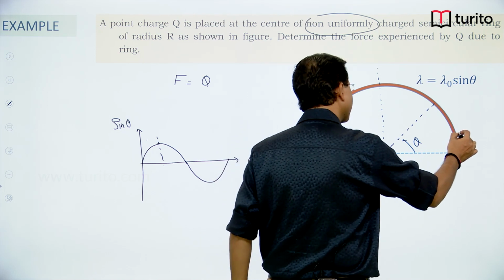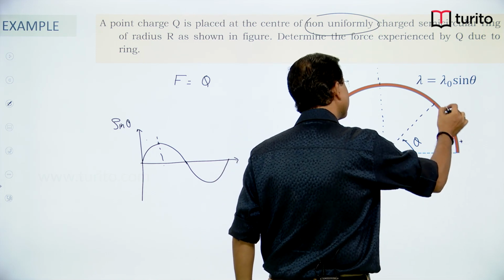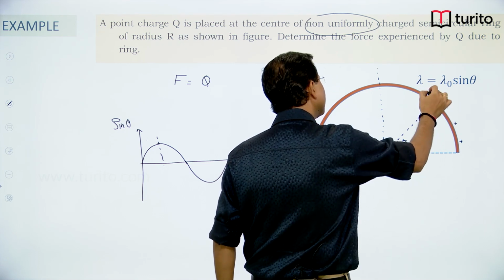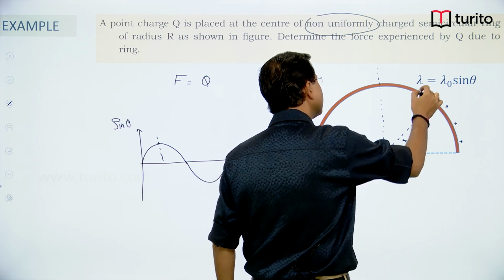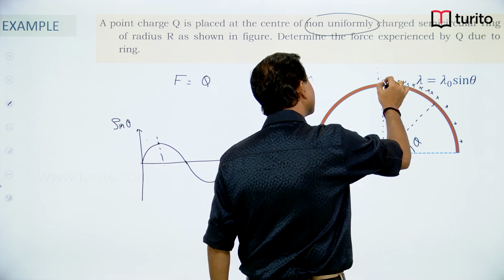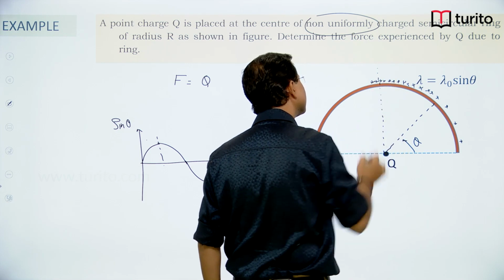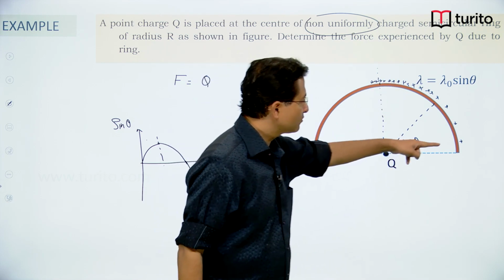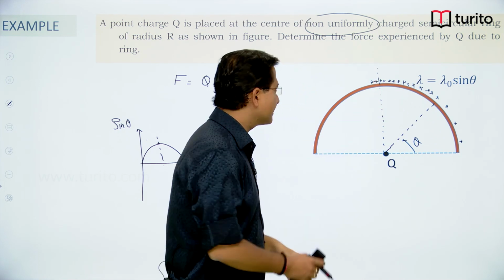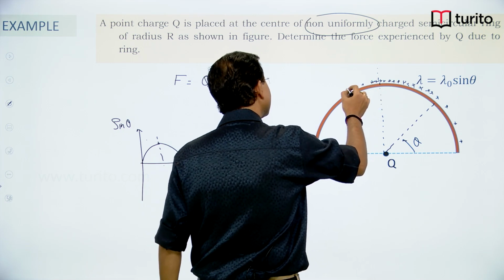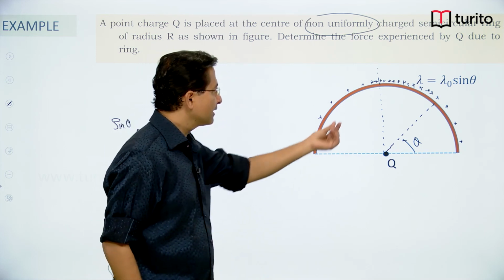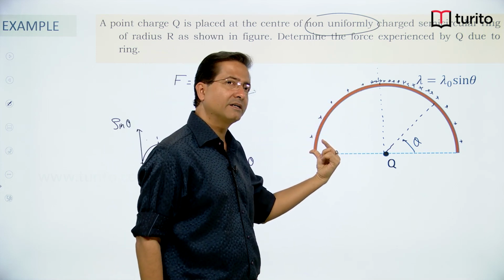So here it will be less dense, and as you keep moving, the density increases, and here it will be highly dense. As you keep moving, the density starts reducing, and again at 180 degrees it will be 0.